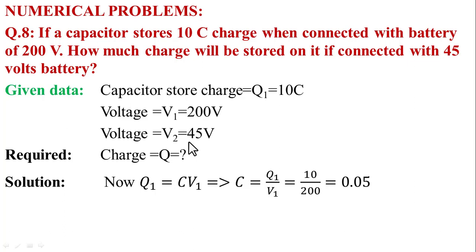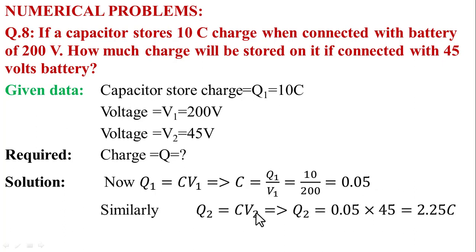Here Q1 is equal to C1 V1. Then we can find the value of C. This implies that C is equal to Q1 over V1. So C is equal to 10 divided by 200, which is equal to 0.05. Now, similarly, we can find the value of Q2.